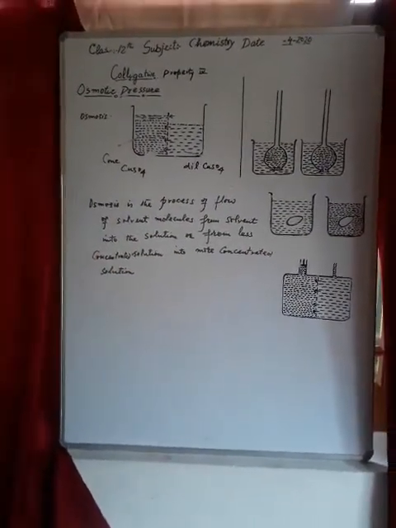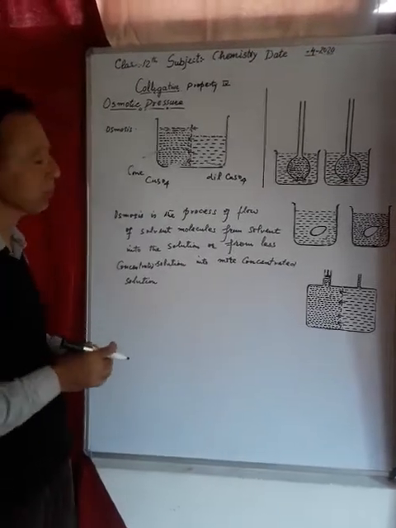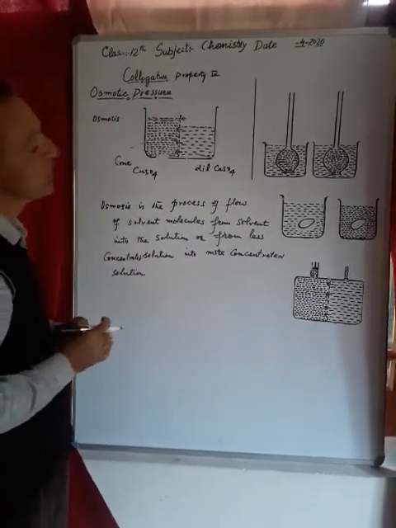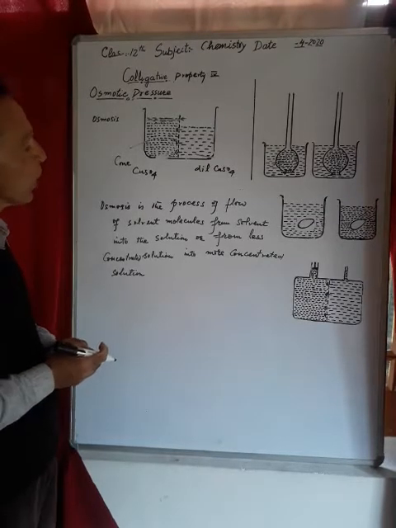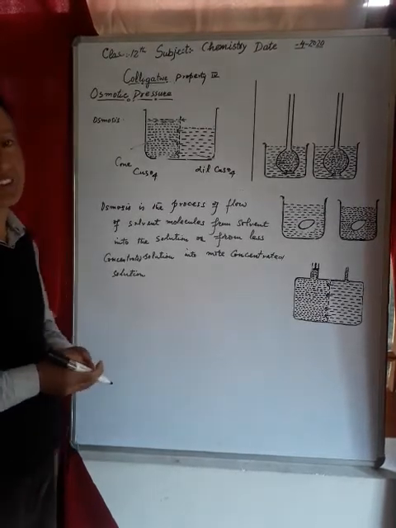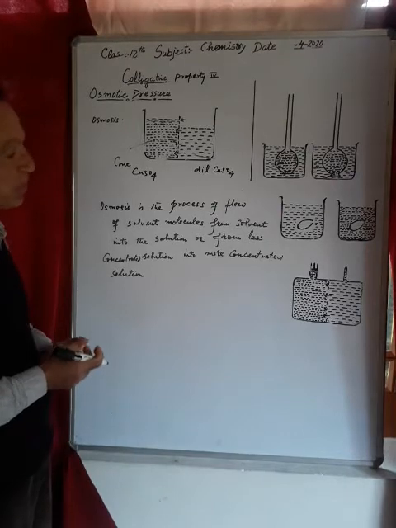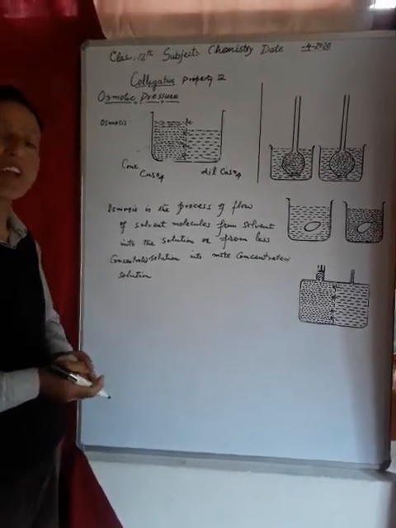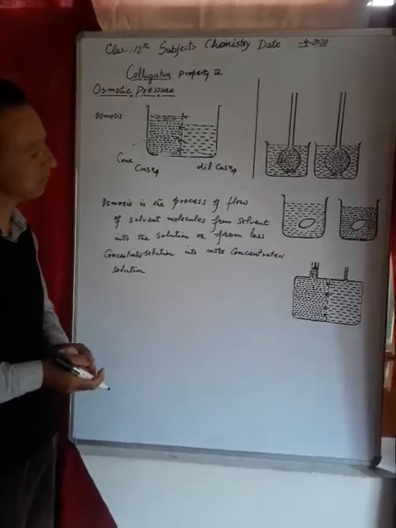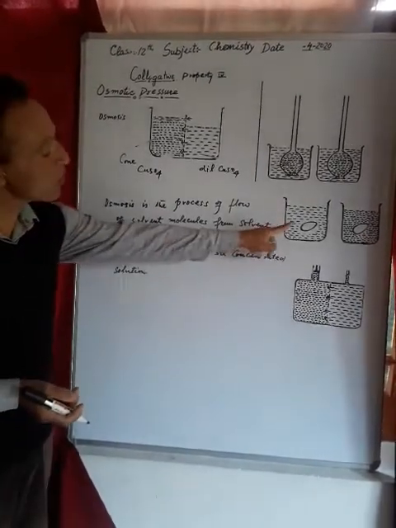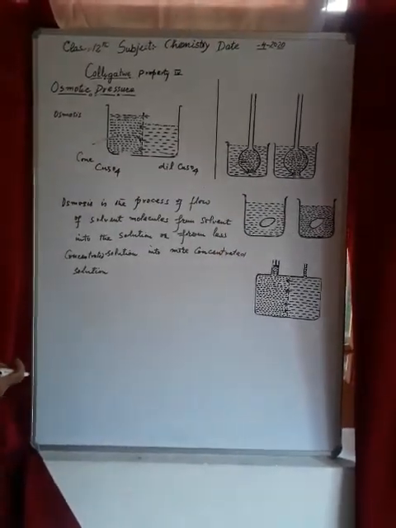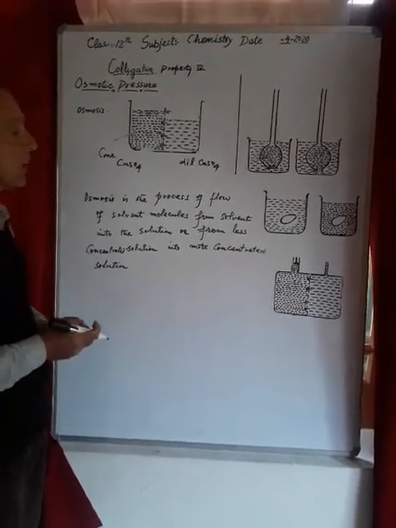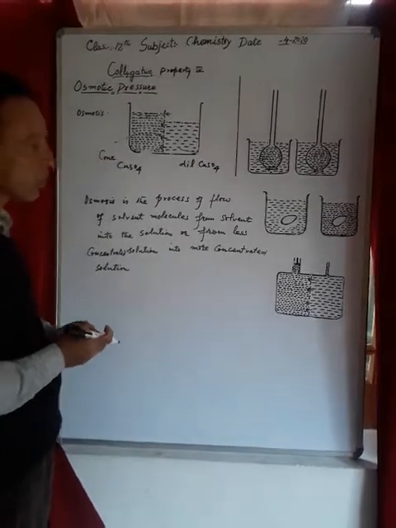So this is osmosis. Now we can demonstrate this osmosis in the laboratory by taking two eggs. We take two eggs of similar size. We dissolve the eggs in dilute sulfuric acid. The outer shell of the eggs consists of calcium carbonate.